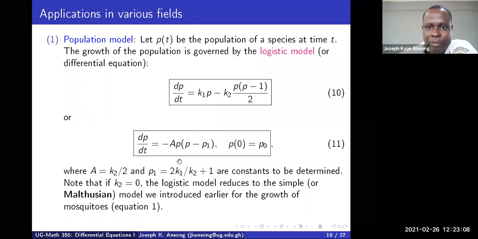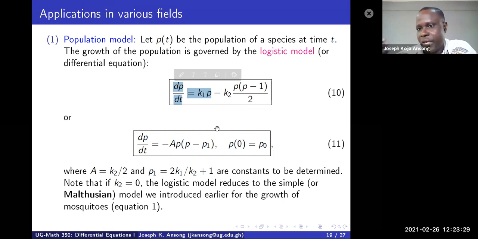So this is one application of differential equations. Now note that if the constant K2 here is 0, if this vanishes, this equation here, dP/dt equals K1P, is the same simple equation I introduced earlier for modeling the growth or the decline of the population of mosquitoes.